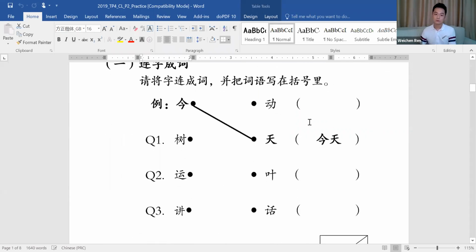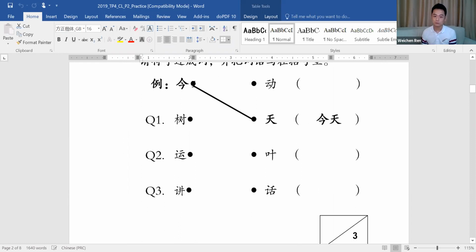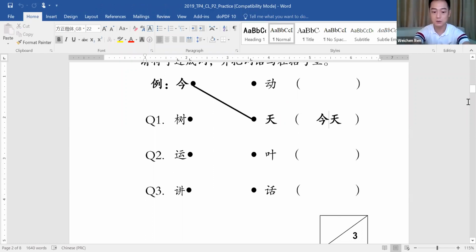Let's have a look. The matching phrase, to match the words into a phrase. After matching, you are required to copy the word in the bracket, and all the words that are given to you are those words which are very easy to be written in the wrong way. For example, this one, you might write a word like this.